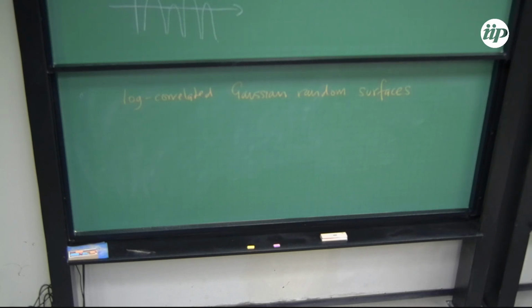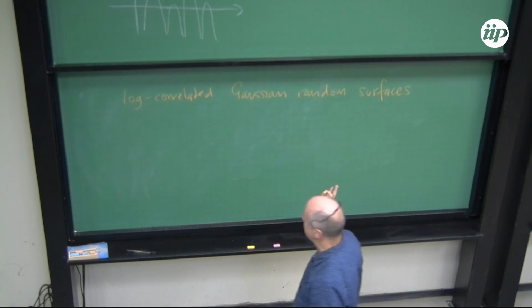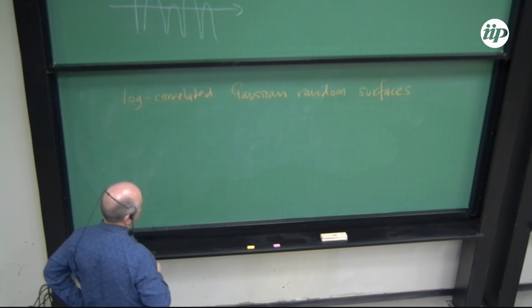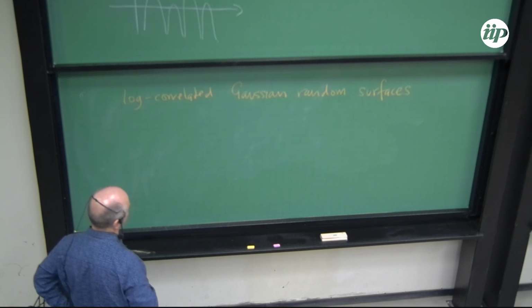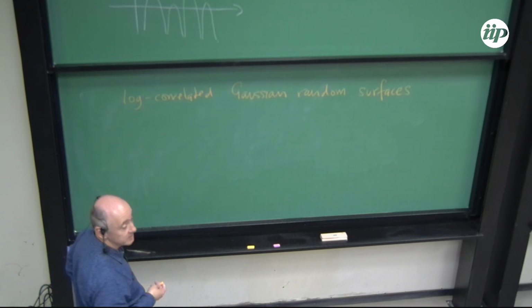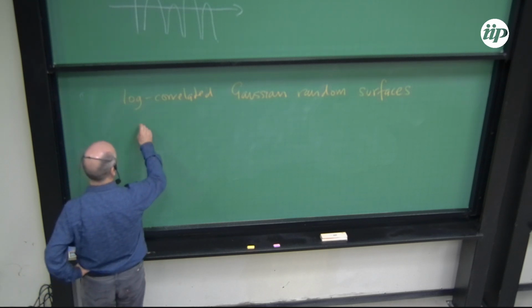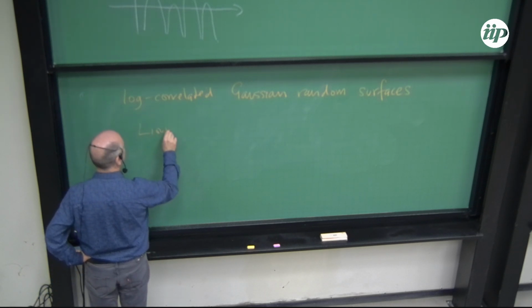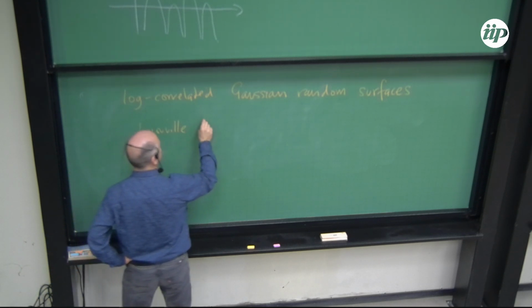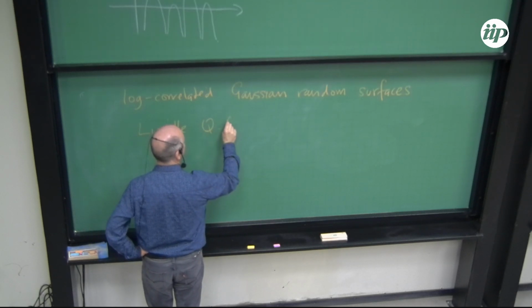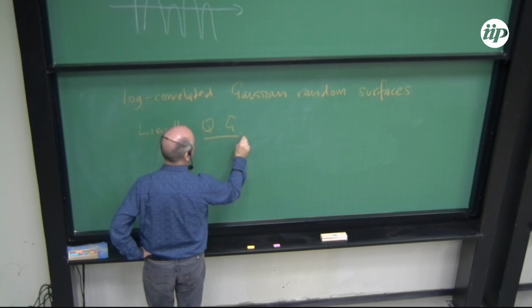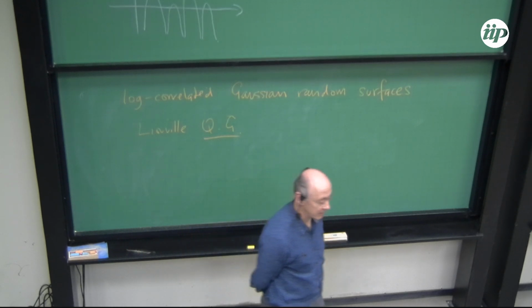And these appear in many areas. So one area that I'll finish with is that these are models that appear very naturally in quantum gravity. So these are the kinds of surfaces that appear in Liouville quantum gravity, where they're called the Gaussian free field.